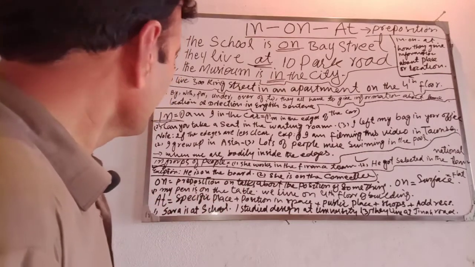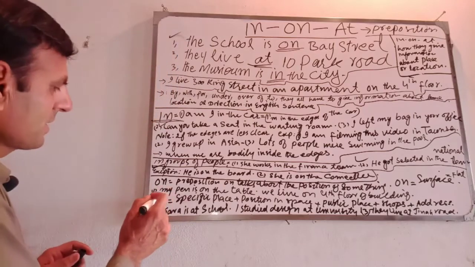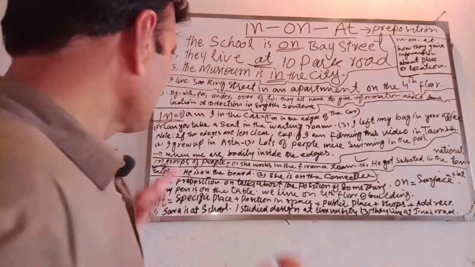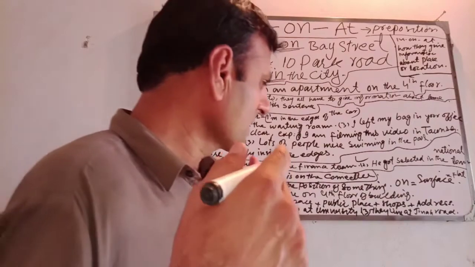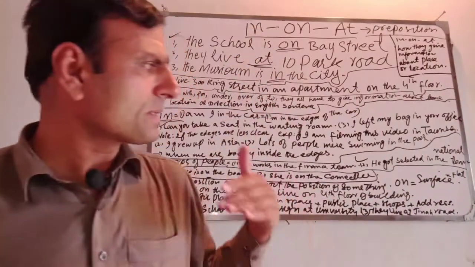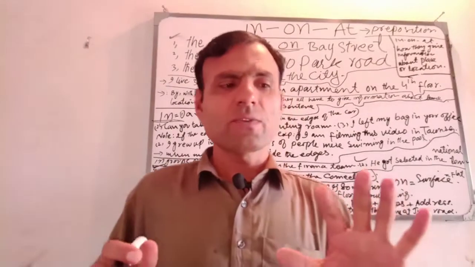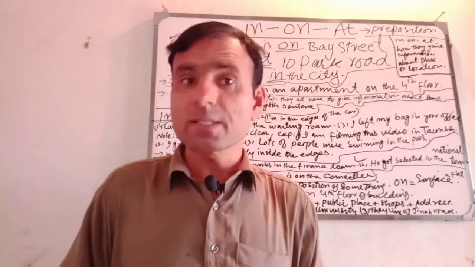Now there is at. At is for a specific place, position in space, public places, shops, addresses. At is actually the exact point.